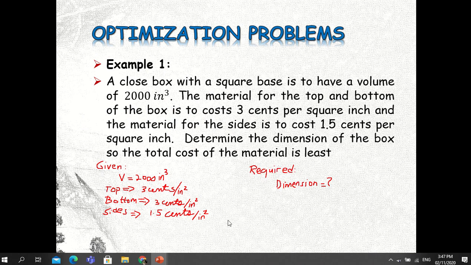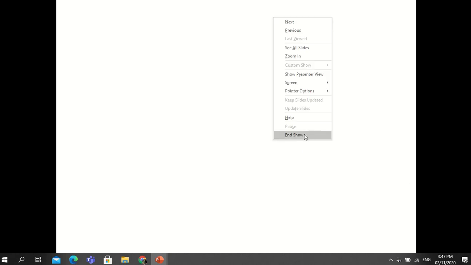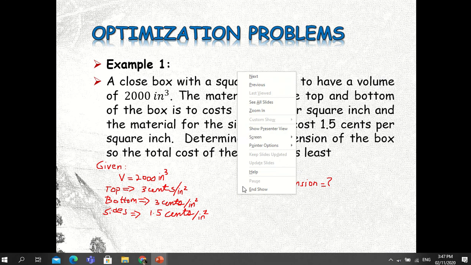These are the given, and the solution was shown in the screen that we have.